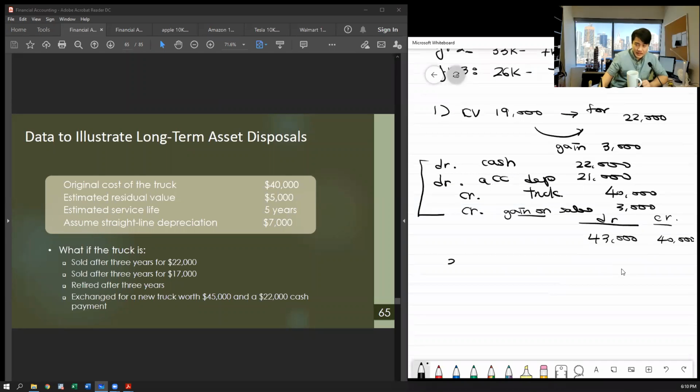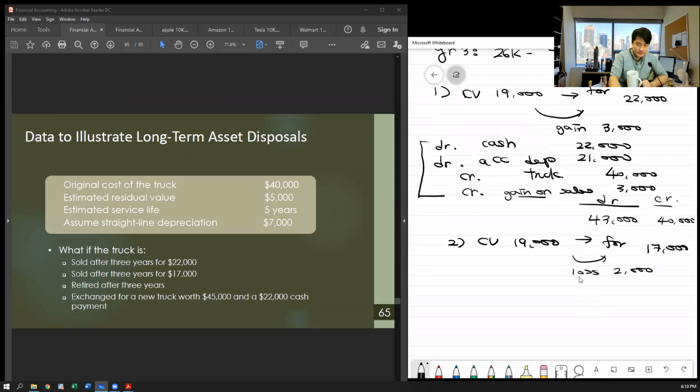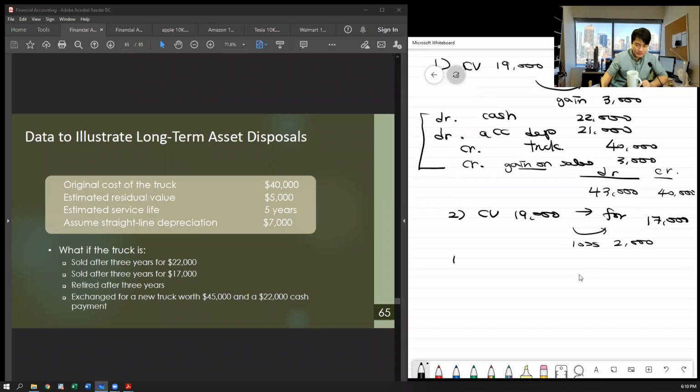Now the second case: we have the carrying value of $19,000, but we are going to sell it for $17,000. When the value of your truck is 19 but you only sell it at 17, that means there is a loss of $2,000, intuitively. So we're going to follow the same procedure.